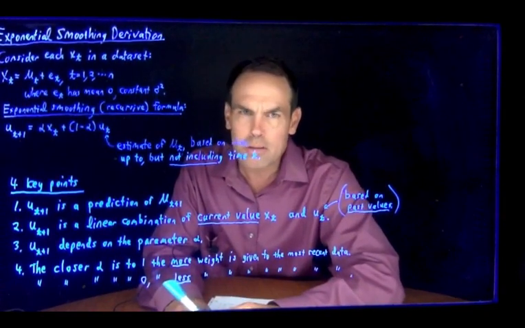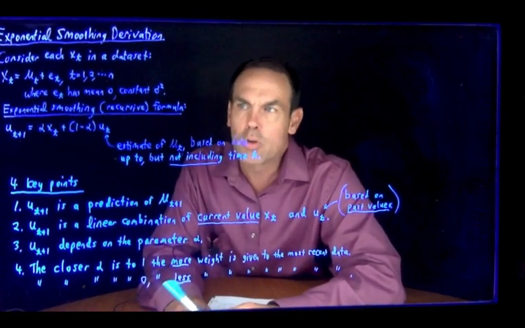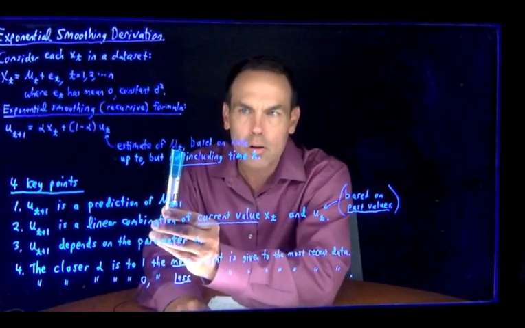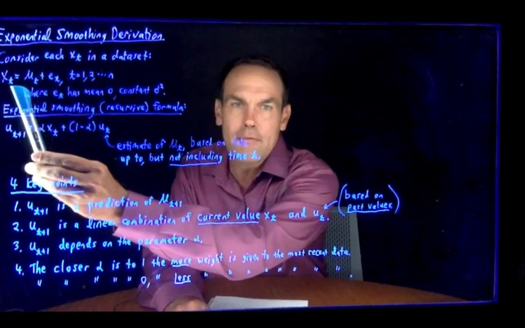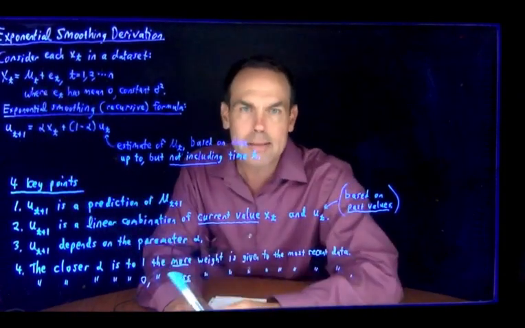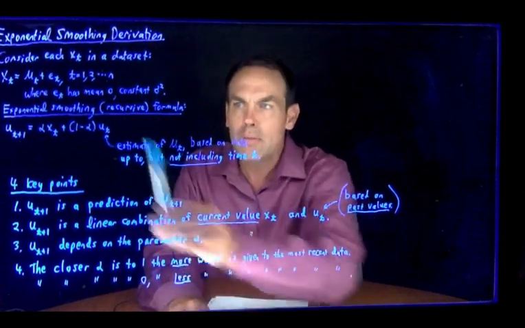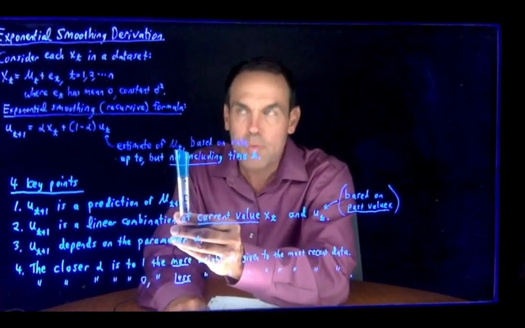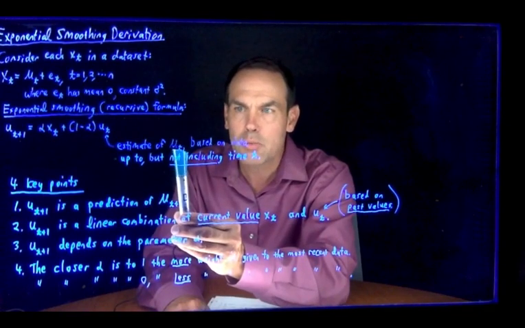Now more about this u sub t. What is this thing? Well, u sub t is an estimate of mu t. Recall that we had written each time series value x sub t as mu t plus e t. So this u t is an estimate of mu t. Now, one more thing about this. Here's why this works out.